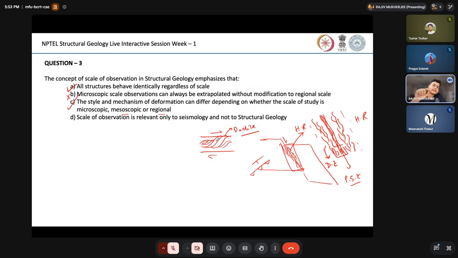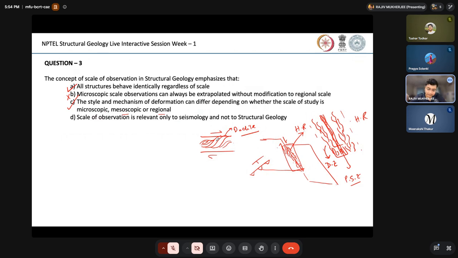So structures behaving identically means you need the same deformation mechanism to produce that structure regardless of the scale, because in microscopic scale you still need viscous deformation to produce a fold. In microscopic, macroscopic or mesoscopic scale, we will also need to produce viscous deformation. If you are observing fracture networks or faults in microscopic scale, that is the loss of cohesion that creates a fault or a fracture.